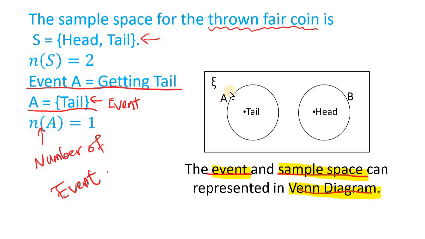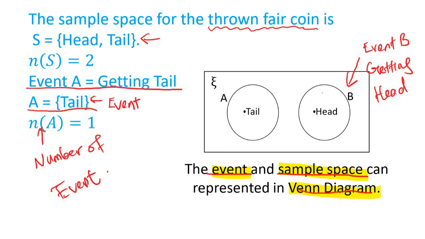So tails is set A. Set A is referred to events A, getting tails. So set B is referred to getting head. Okay, this is the events B that is getting head. So this is the condition. You must fulfill the condition, then only you can write inside the set B.